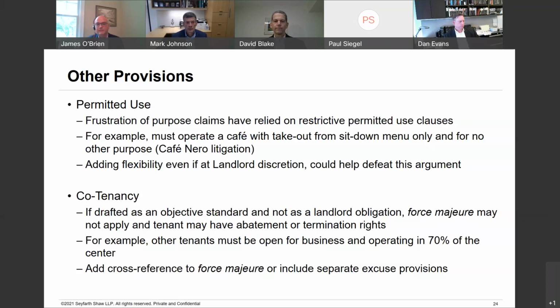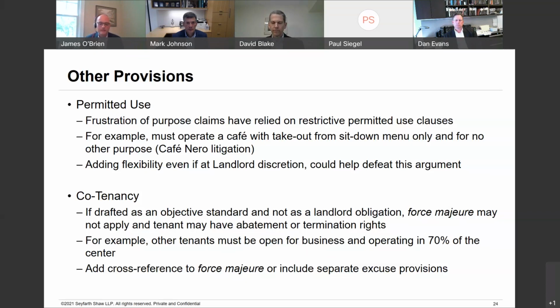So maybe just adding a little bit of flexibility, even if it's at landlord's discretion, could help defeat this argument. In addition, cotenancy, as you heard about in Mark's presentation, the issue with cotenancy is that it's not really drafted as a landlord obligation. So say you're in a shopping center with Target as the anchor tenant, and Target closes down. The way most of these clauses are drafted, it gives the tenant an excuse if Target closes down.